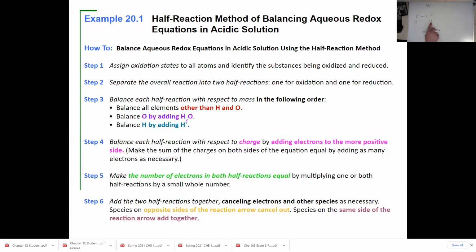I have to look at my product side and say, well, I'm going to need to add as many electrons as it takes for the charge on this side to get to -2. Okay, so to do that, I would have to add 6 electrons to the product side so that when I looked at the total charge on the product side, it had the same charge as my reactant side.